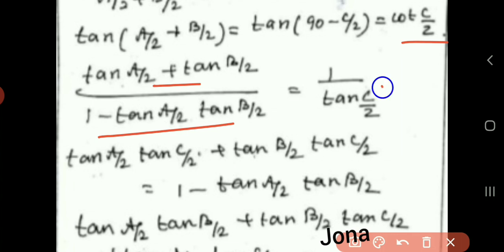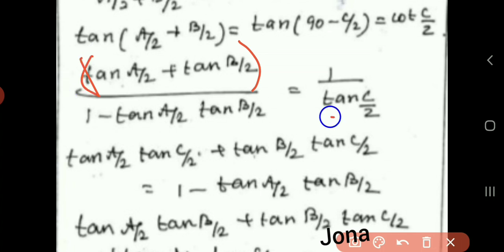So we can write this as 1 by tan c by 2. And then I want to cross multiply here. So I can have this full term tan a by 2 plus tan b by 2 into this tan c by 2.